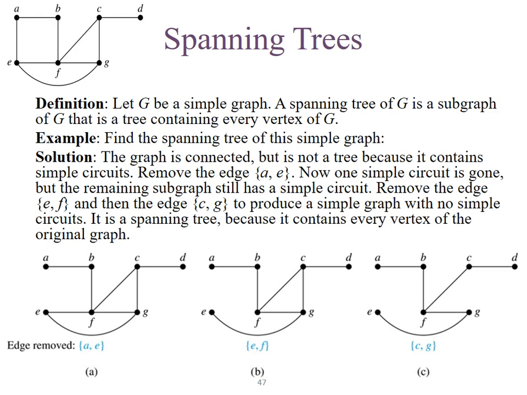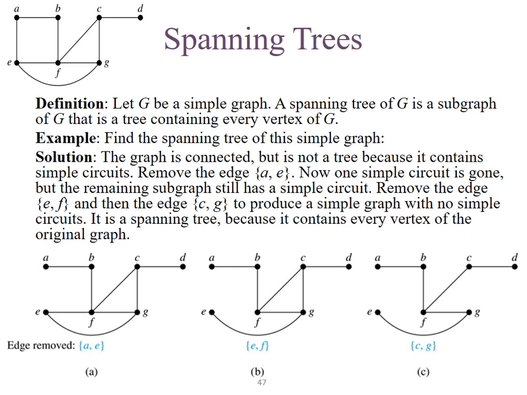Okay, so let's see the definition of spanning trees. If G is a simple graph, then a spanning tree of G is a subgraph of G that is a tree containing every vertex of G. Let's see this example. G is a simple graph, but we have a lot of circuits.